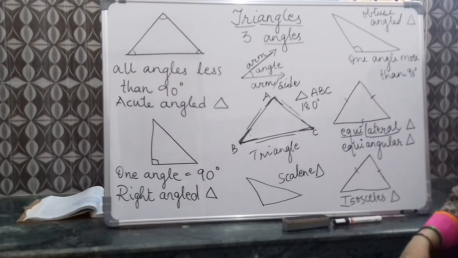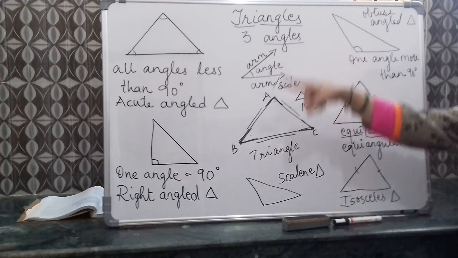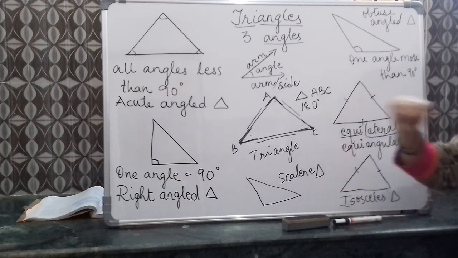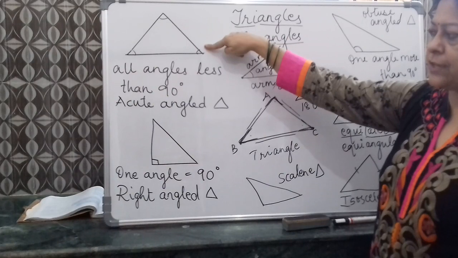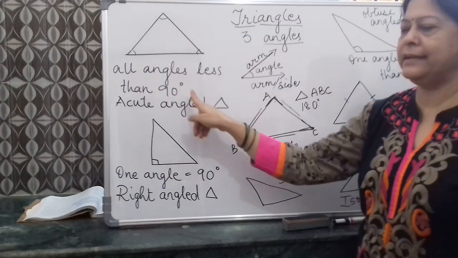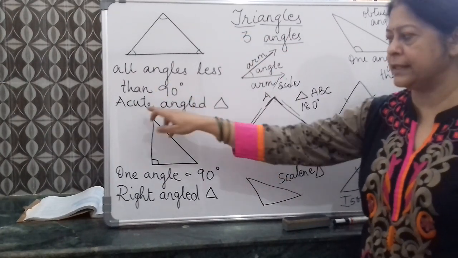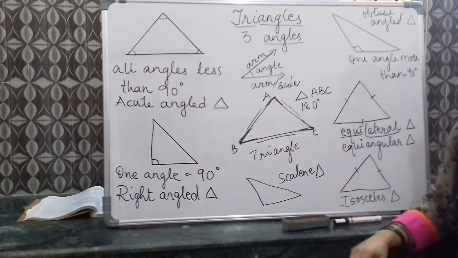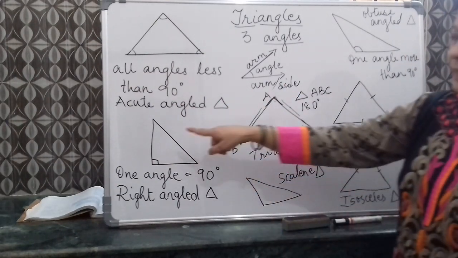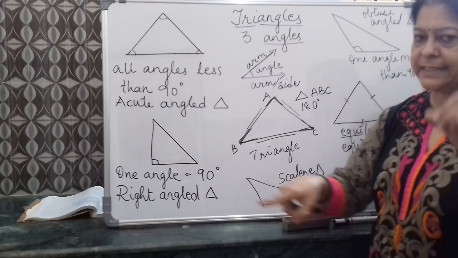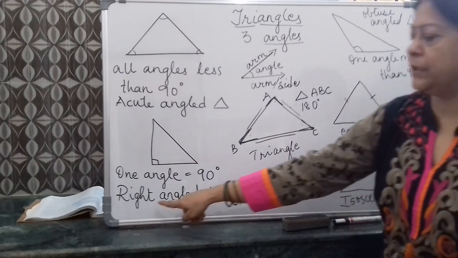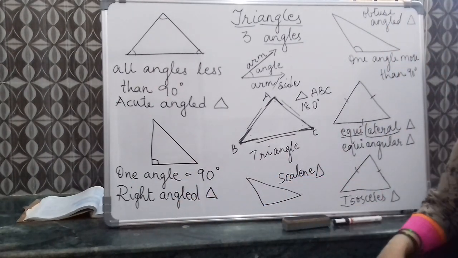On the basis of sides and angles, we have got six types of triangles. They are the acute angle triangle, where all the angles are less than 90 degrees. Similarly, a triangle having 90 degrees will be called a right angle triangle.